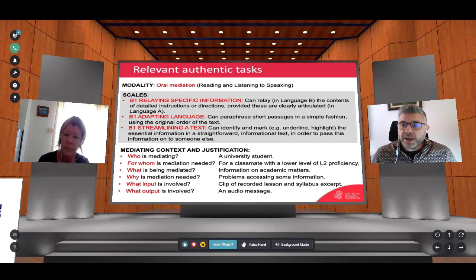We wanted to develop a task dealing with mediating a text, not so much mediating communication as the one presented before by Caroline. And the context for the mediation, which is very important for mediation tasks, as you know, is that the mediator is a university student who is mediating for a classmate with a low level of L2 proficiency, who has problems understanding some bits of information from the lesson recorded, and they ask for help.